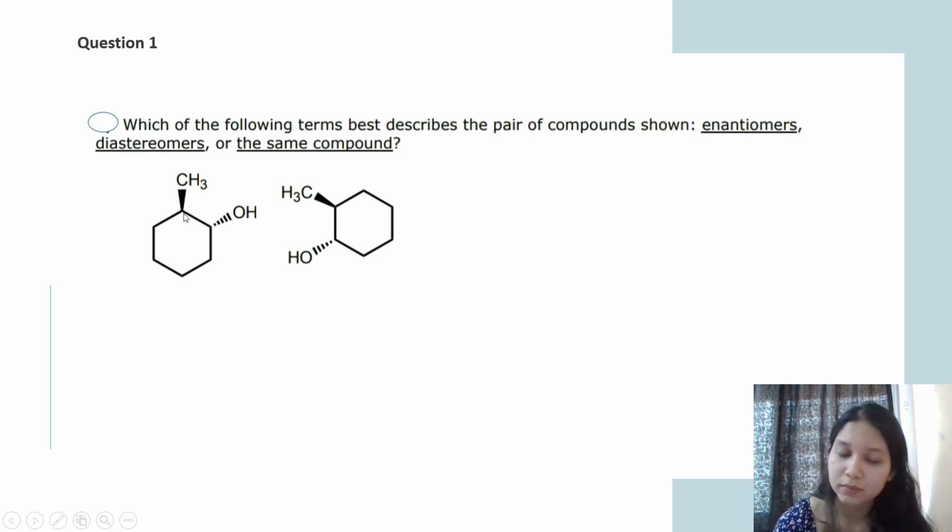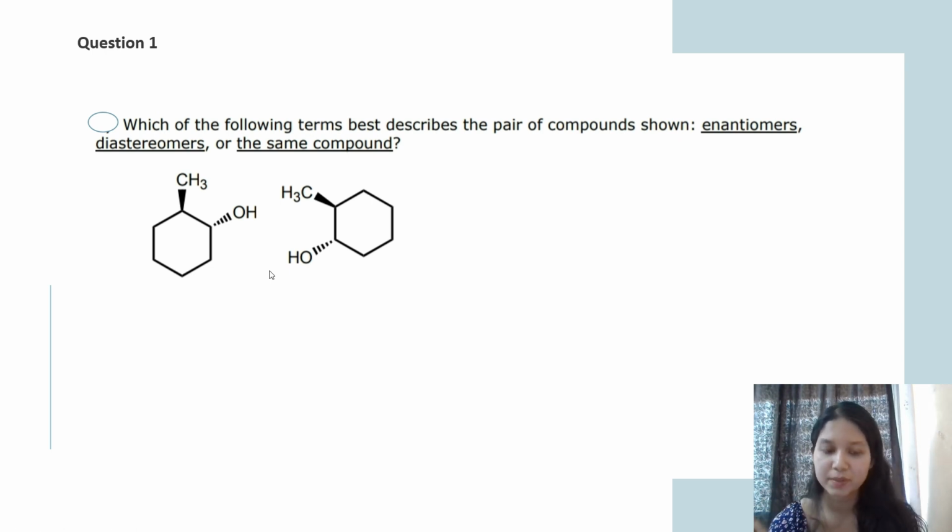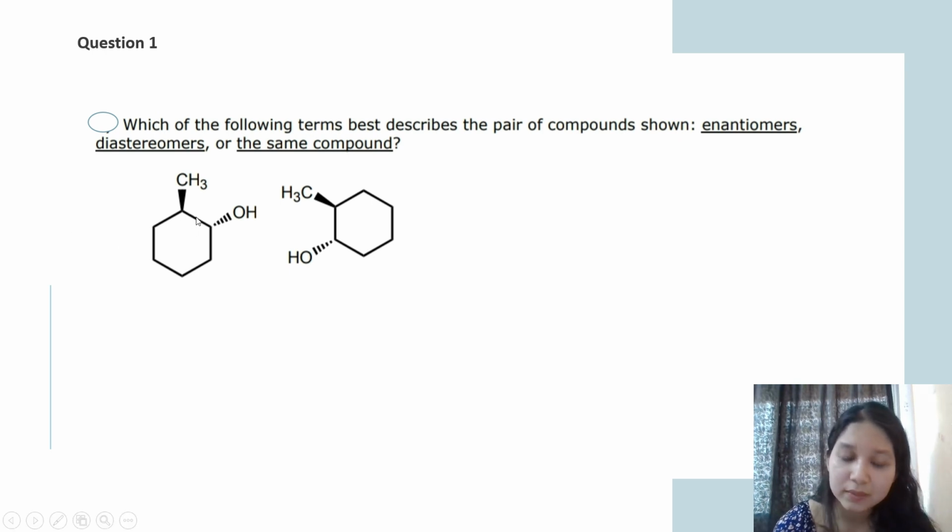So if we have 2 carbons on one side and only 1 carbon on the other side and the rest are hydrogens, then this group will definitely get higher priority if we are talking about this center. So this will be our first priority group.